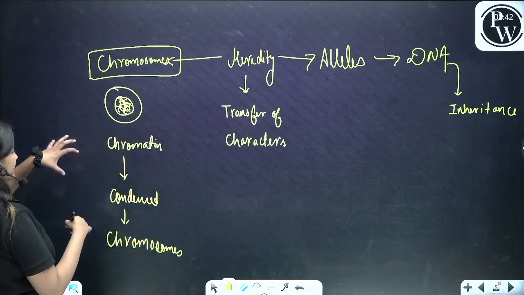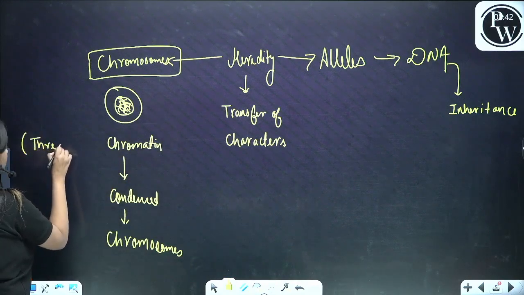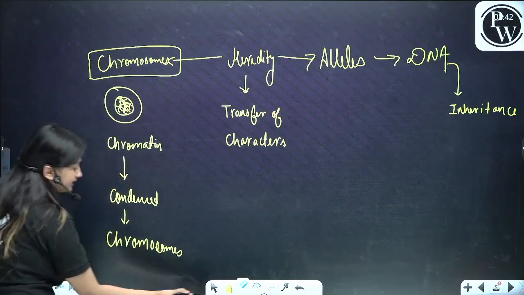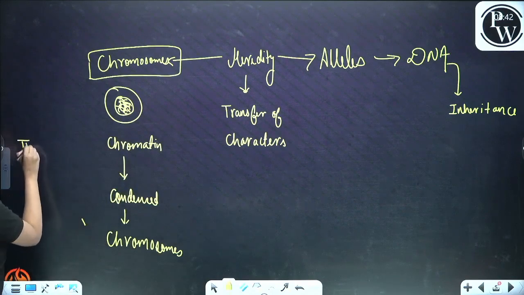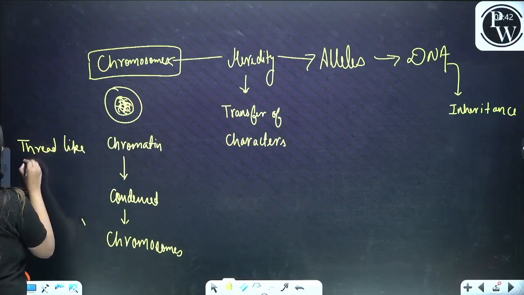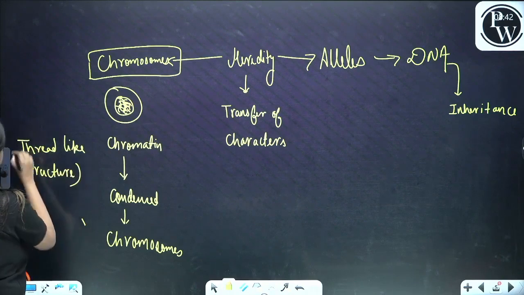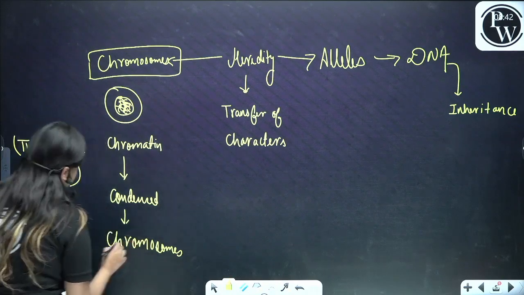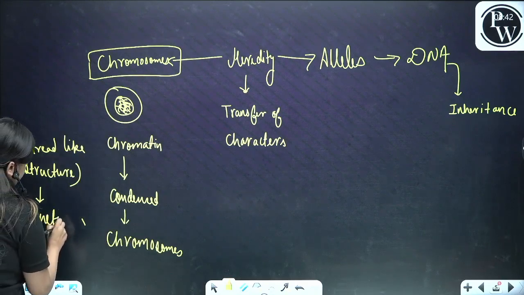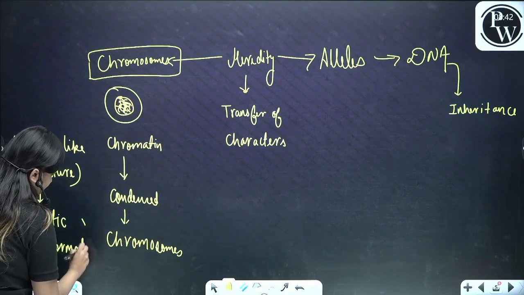So this chromatin is a thread-like structure. We can mention over here that it is a thread-like structure that contains your genetic information.